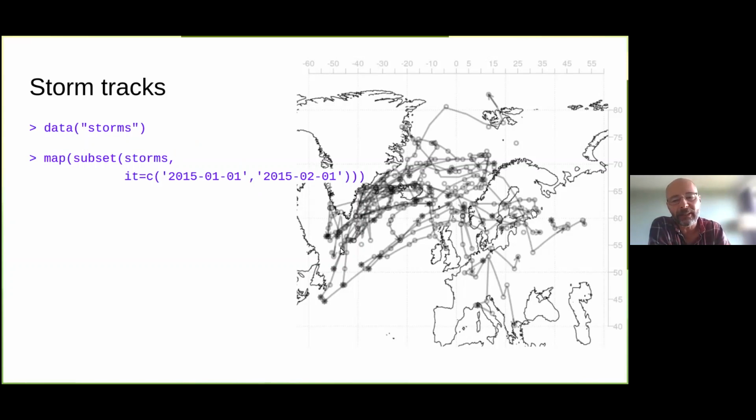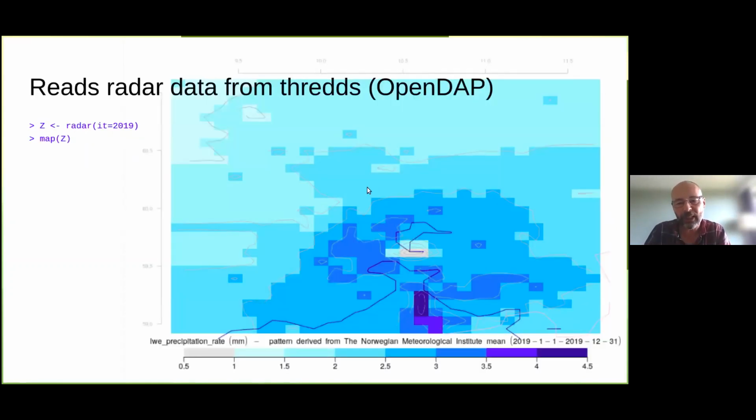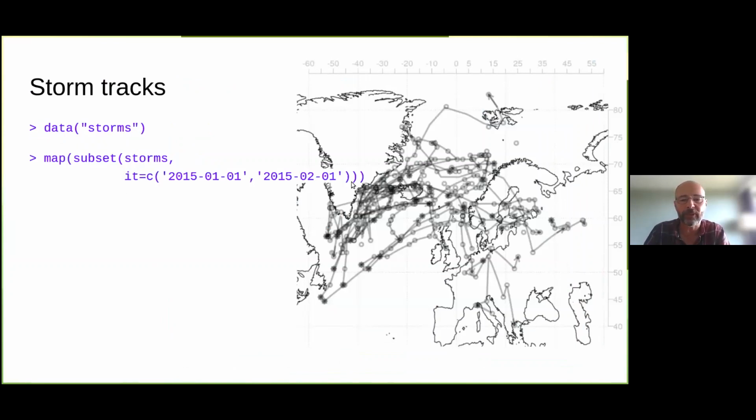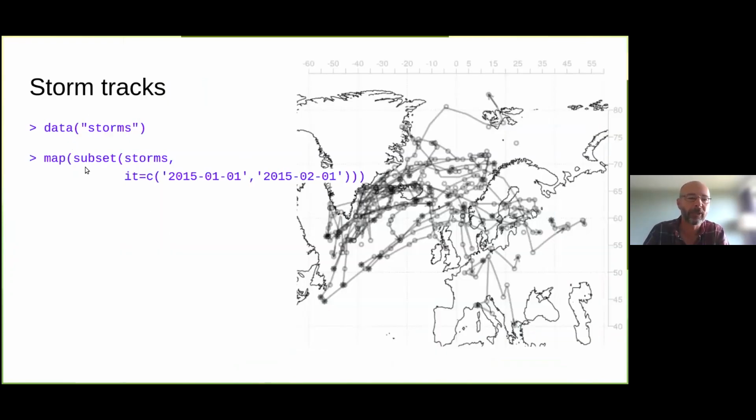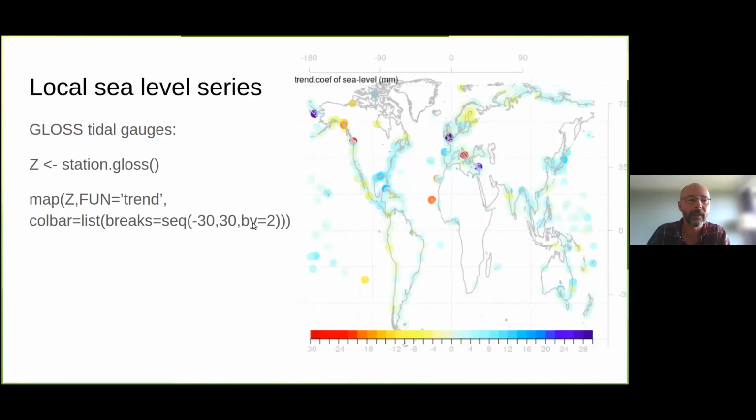And then here's one example. Here you see that the map looks very different to the one here, because these are different types of data objects. This is a storm track, whereas this is a gridded field, so they will look different. But you only need to remember, okay, I want a map of the data, so that's why we write map here.